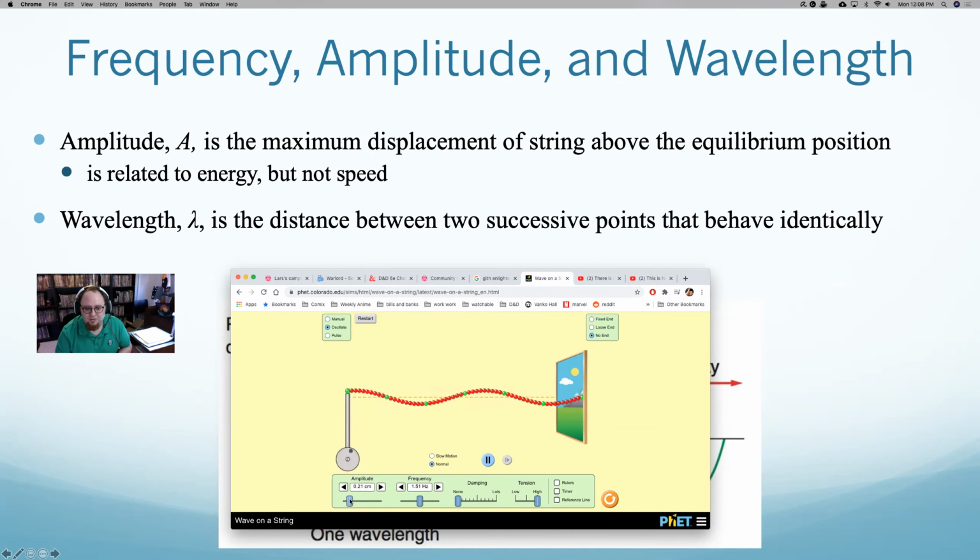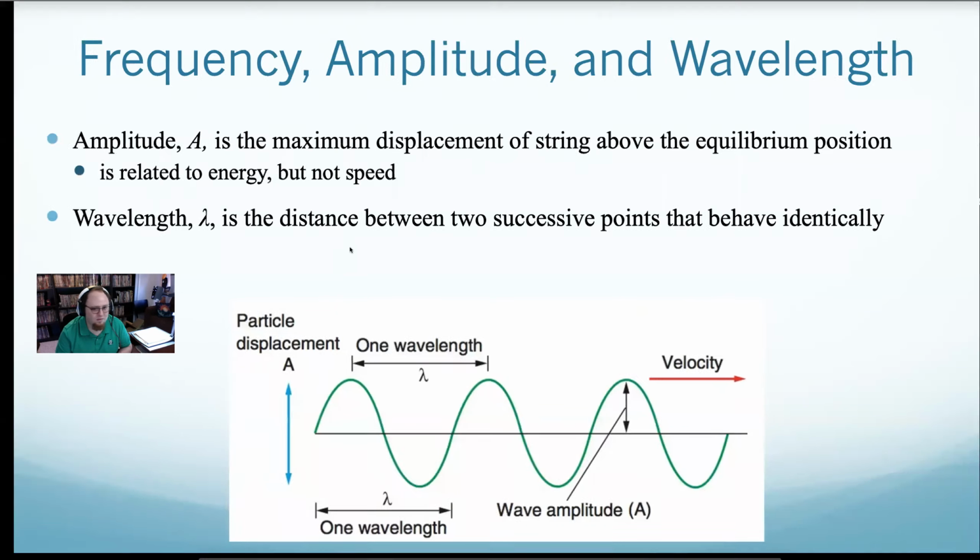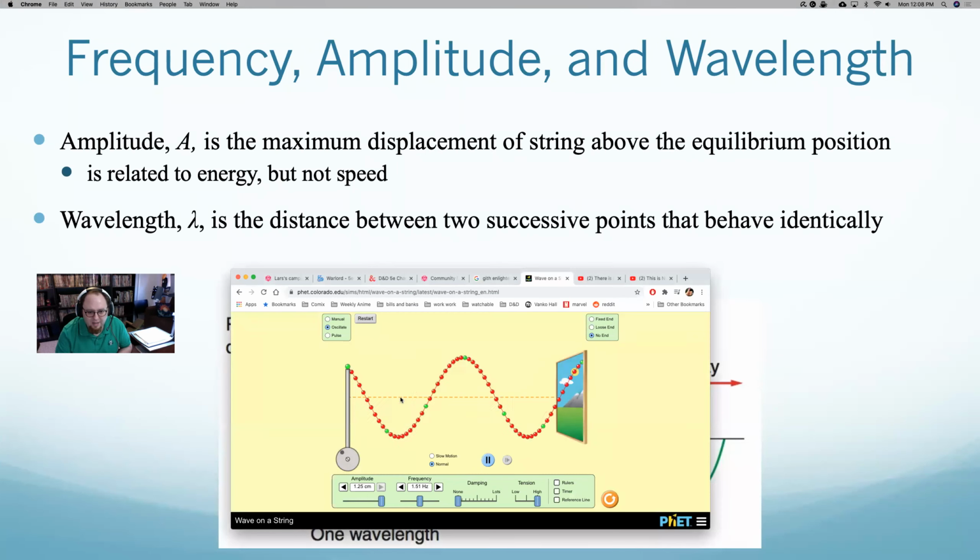Small amplitude, the wave doesn't go very high. Big amplitude, the wave goes very high. Amplitude is just the distance from the zero point to however high the wave is. In this case, that would be the amplitude.